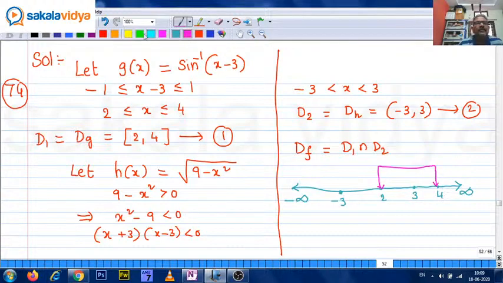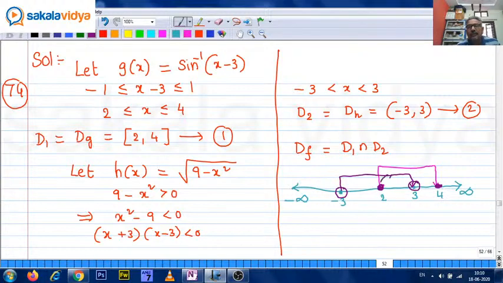So next one is minus 3 to 3. Here see one thing, 2 is included, 4 is included, but minus 3 is not included, 3 is not included.